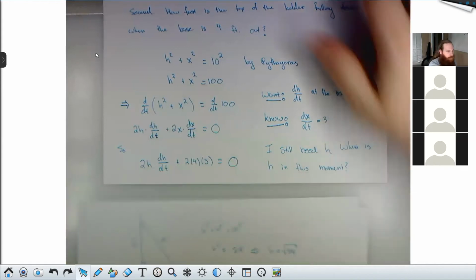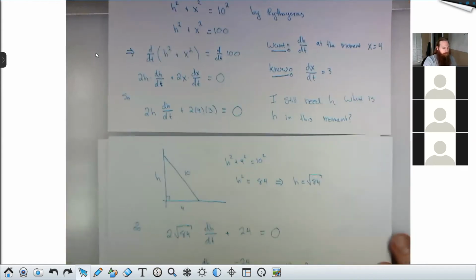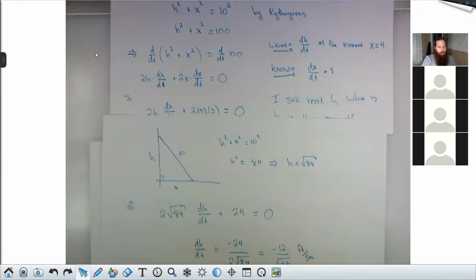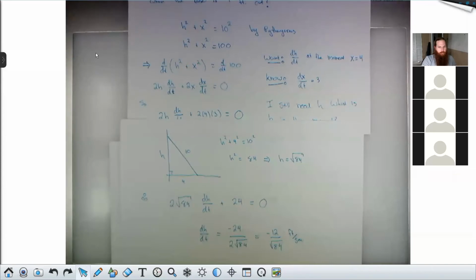Okay, so I'm going to put this back up here. Zoom out a little bit so you can see the whole thing. And then if you wanted to, yeah, you could simplify the square root of 84 a little bit. So that's 2 times 42, which is 4 times 21.